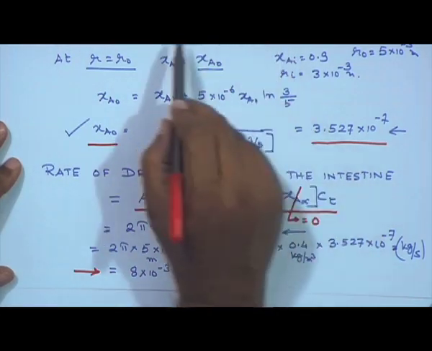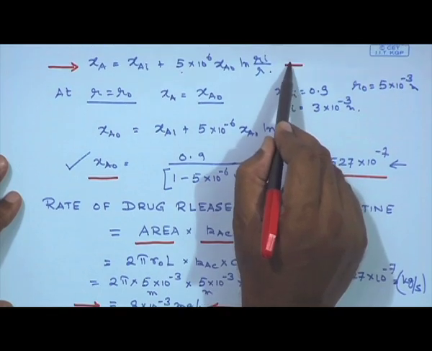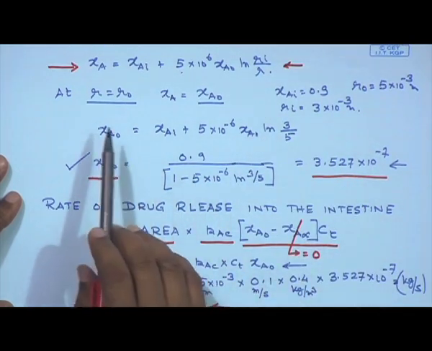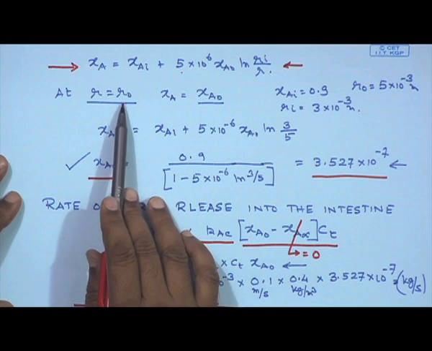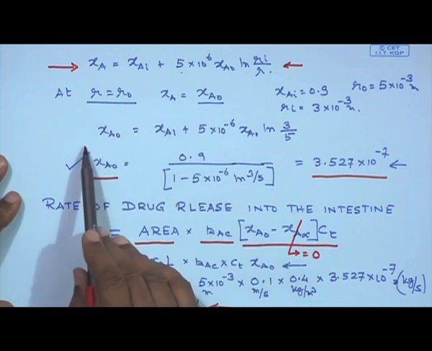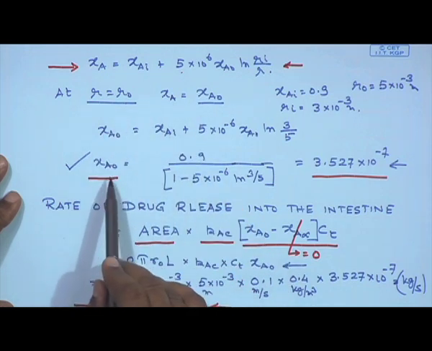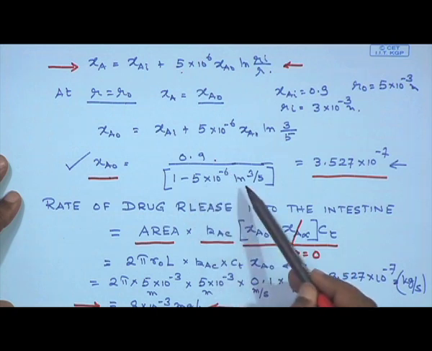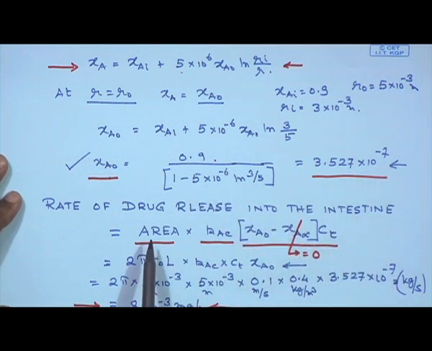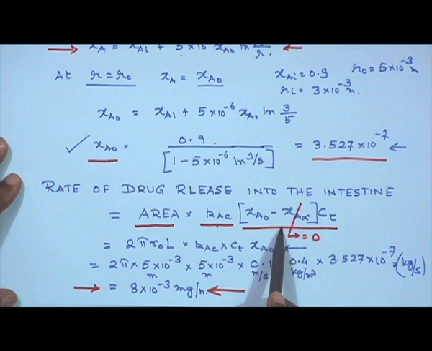After plugging the numbers in, we have obtained the concentration distribution, and since we know at R equals R naught, x A is equal to x A naught, we obtained the numerical value of x A naught after putting in the values that we know. The rate of drug release is simply the product of area, the convection coefficient, and the concentration distribution.